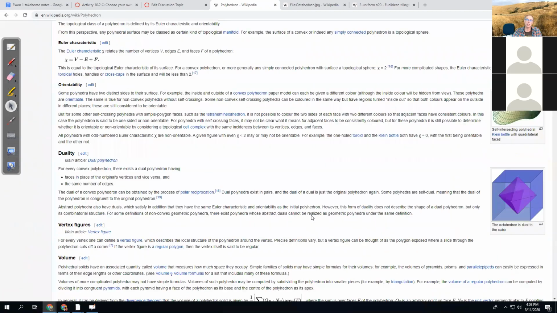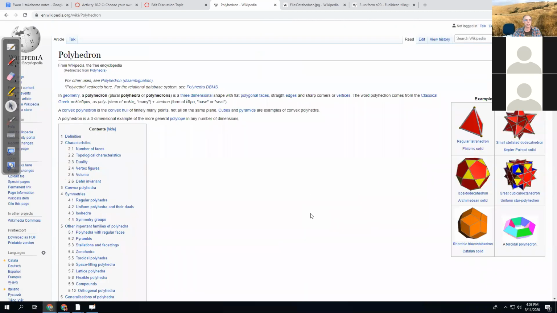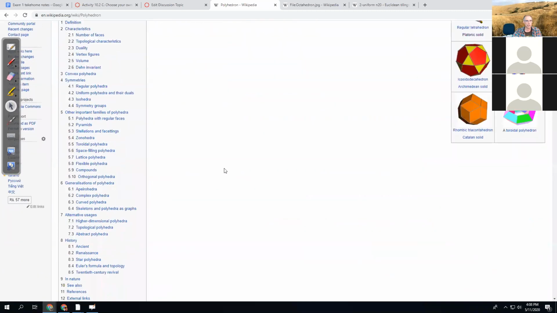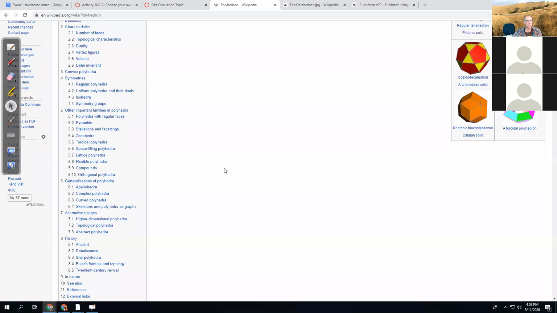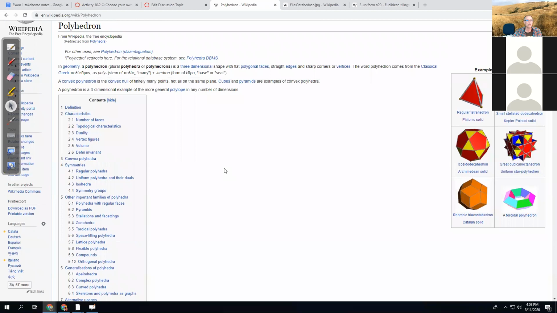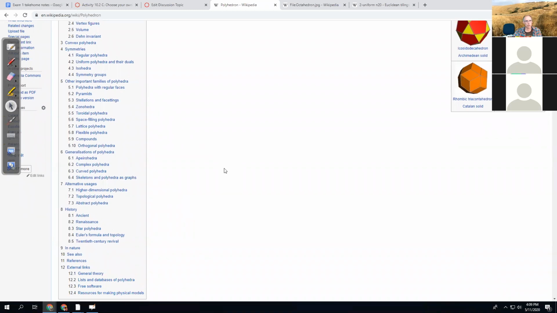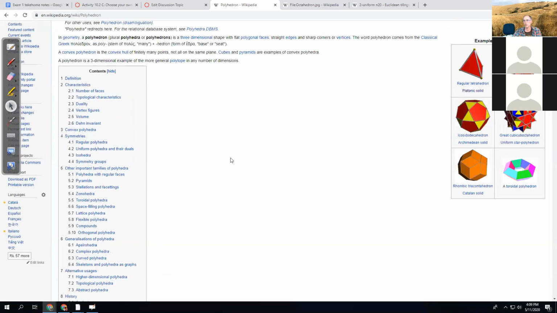There's tons of them. I'm sure there's infinitely many. Some of them have crazy names, like where are the Archimedean ones? Those are wild. I thought I saw that here somewhere. I swear I just saw it and I lost it. Anyway, I'll show you the Archimedean ones later. And there's a ton of other cool ones.